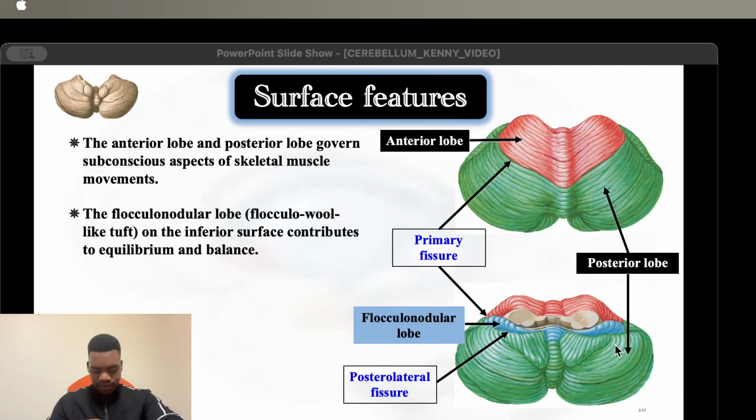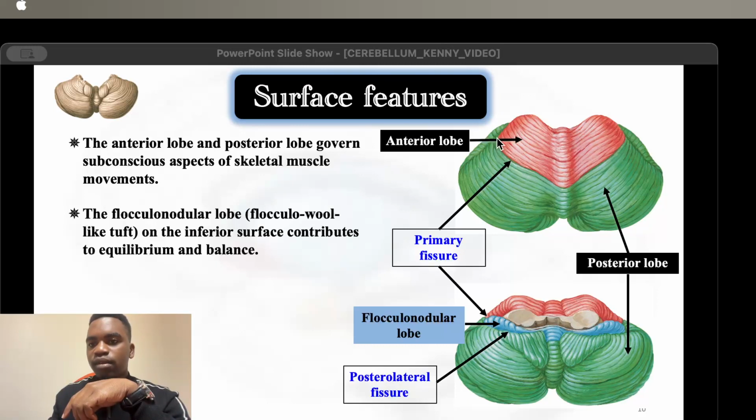The cerebellum is divided into three lobes. Number one, we have the anterior lobe, and we have the posterior lobe. The anterior lobe is separated from the posterior lobe by the primary fissure.